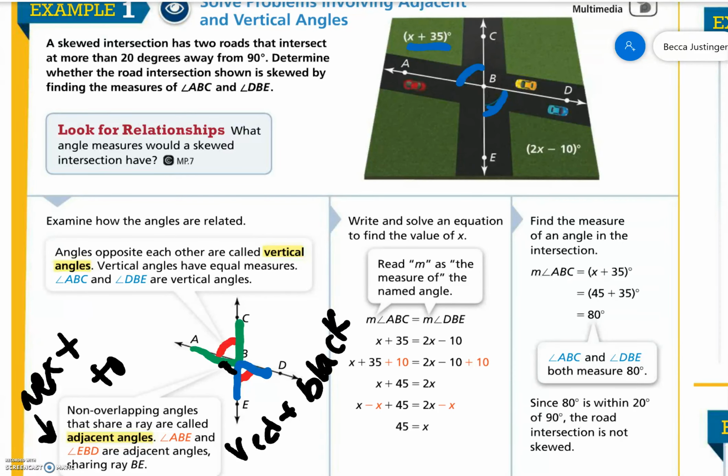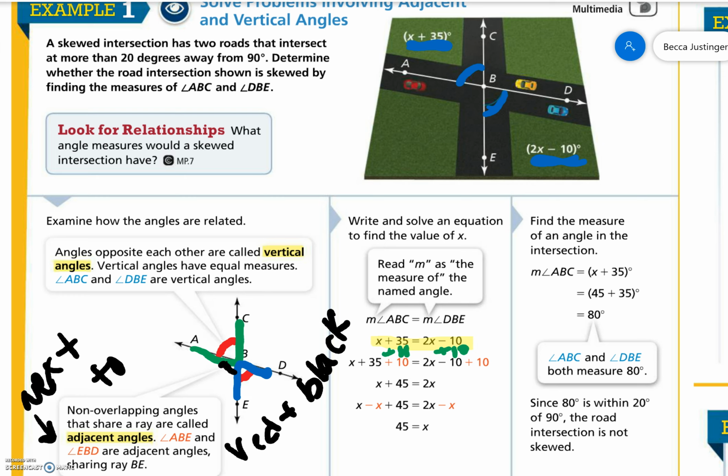So if they tell me that ABC is x plus 35 and DBE equals 2x minus 10, I can write this equation here, set them equal to each other. Then we want to solve for x. So we add 10 to both sides.